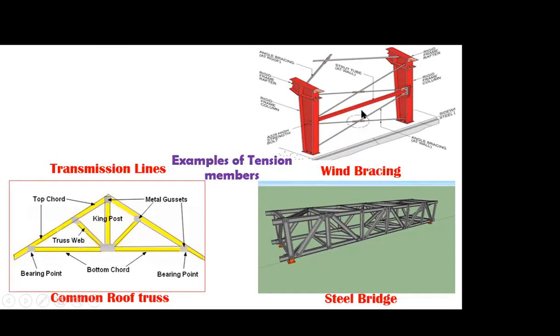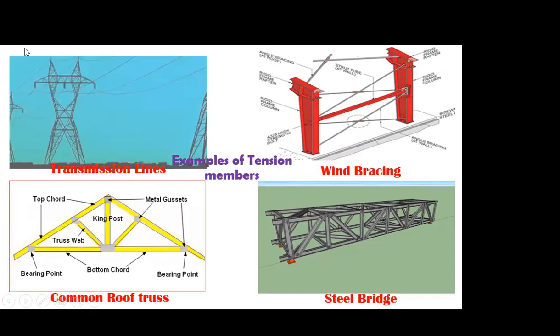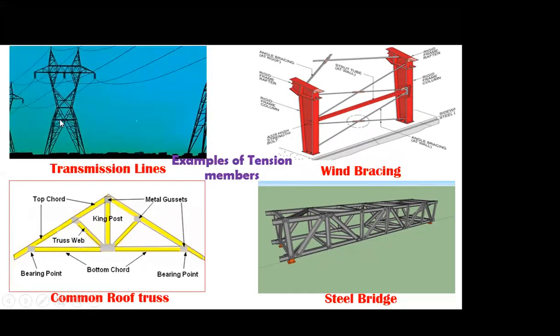This bracing is to resist the wind velocity on tall structures. These wind bracings act as tension members. And next, transmission lines, not transmission towers, transmission lines. These lines act as tension members.